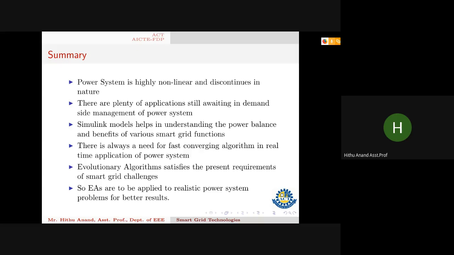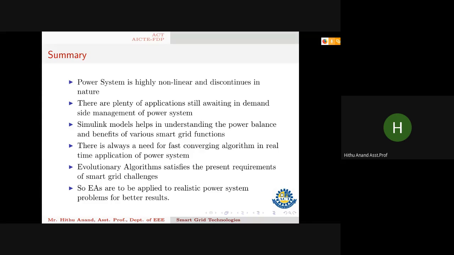So what we identified, to put it in a nutshell, my research is that the problems in power system are non-linear. There are so many opportunities awaiting, and if you are doing the simulation models, it will give some better understanding of the power system. And we are always in need of fast converging algorithms.